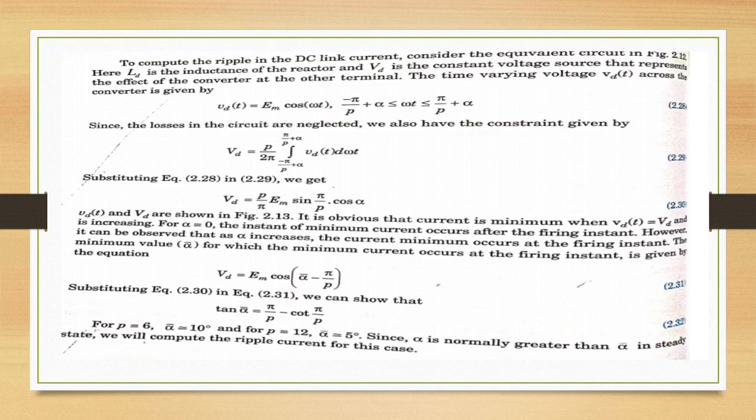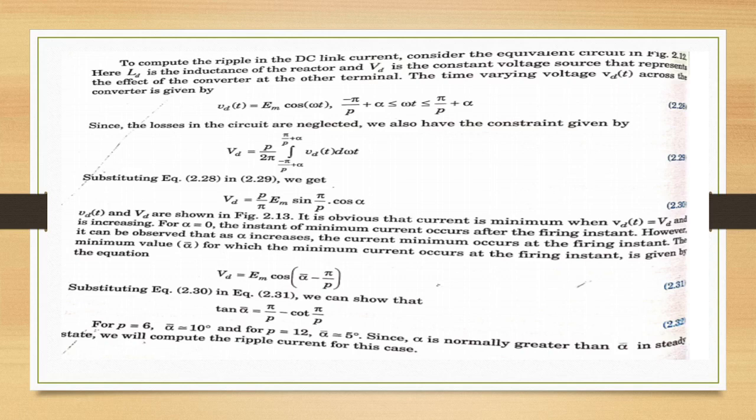Since the losses in the circuit are neglected, we also have the constant VD equal to P by pi integral from minus pi by P plus alpha to plus pi by P plus alpha of VD of t d omega t. So we get the value of VD as P by pi Em sin pi by P cos alpha. Current is minimum when VD of t is VD and it is increasing.